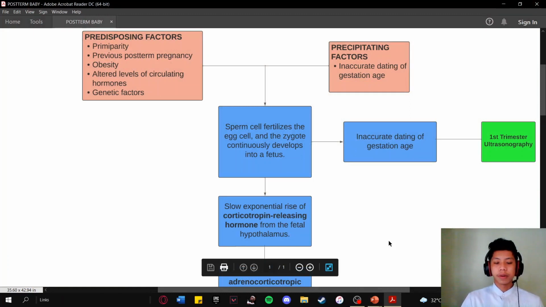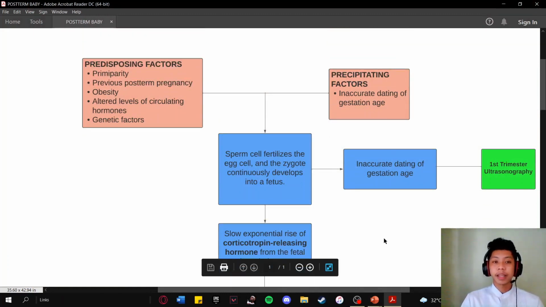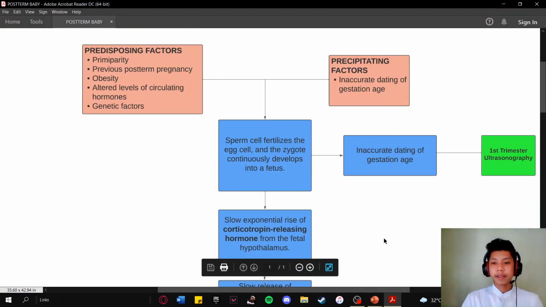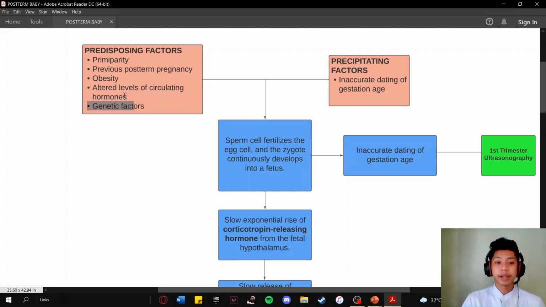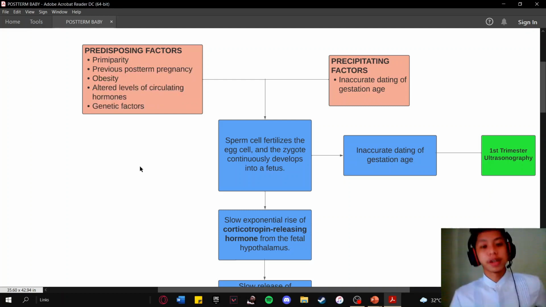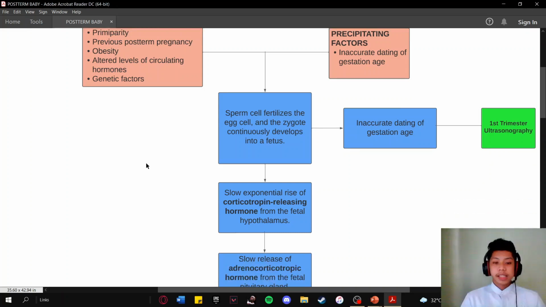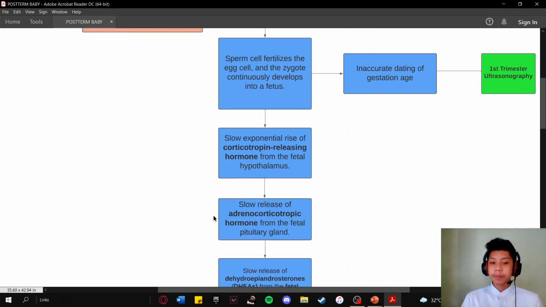For postterm pregnancy, data is lacking, and more studies lean more on the altered levels of circulating hormones. What happens is the fetus releases CRH, or corticotropin releasing hormone, from the fetal hypothalamus, and then ACTH, or adrenocorticotropic hormone, will be released from the pituitary gland.